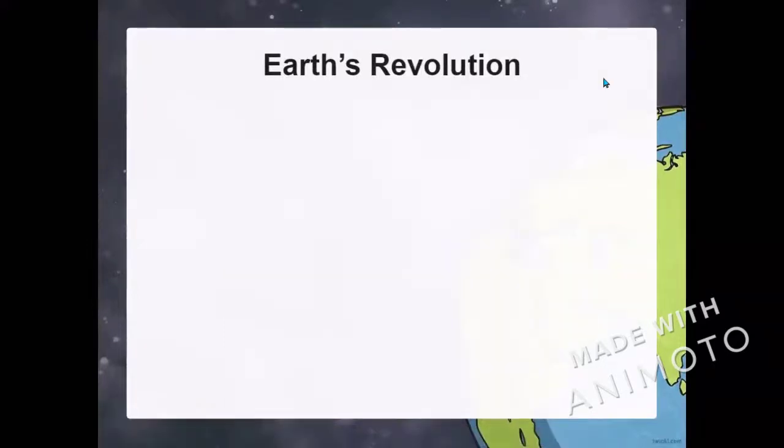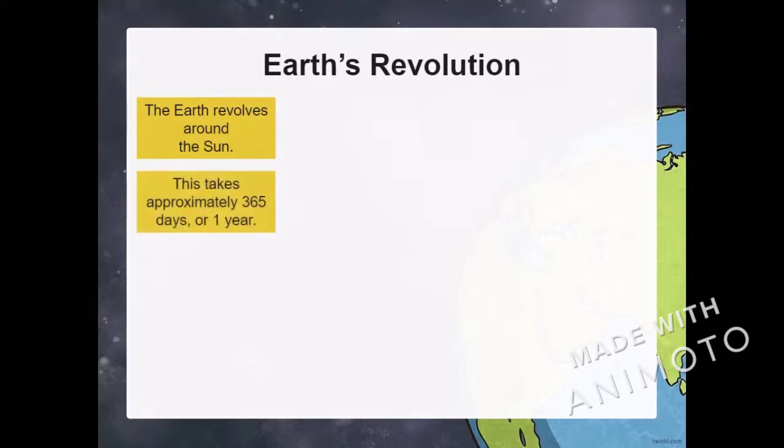Now remember that we have two movements. Rotation, that it rotates on its axis, and now we have revolution. Revolution, we have that Earth revolves around the sun. And it takes approximately 365 days or a year.